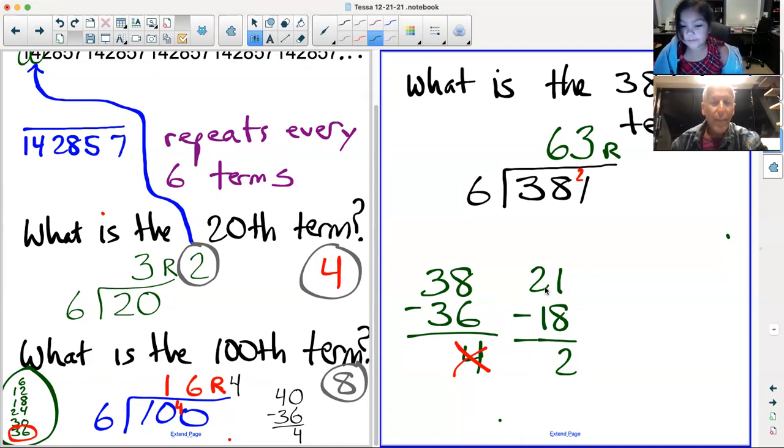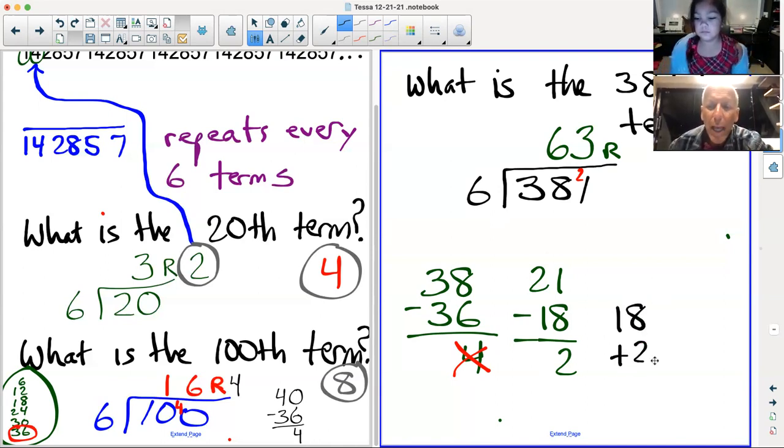I think you do know how to check your answer because you checked your answer to the other subtraction problems we did. Come on, how do you check your answer in subtraction, Tessa? If you think the answer is 2, Tessa, what will you be doing with 18 and 2? And when you add them, Tessa, what do you get?